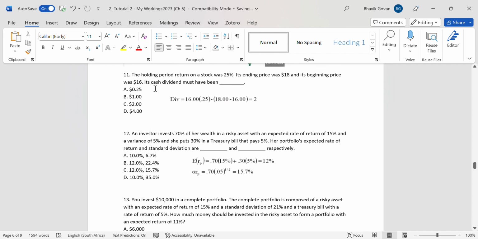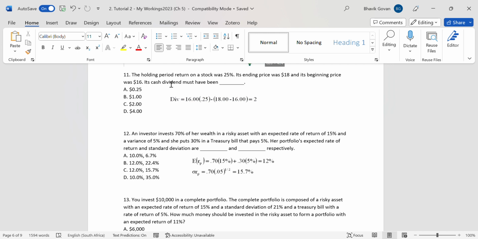so number 11, the holding period return on a stock was 25%. Its ending price was $18 and its beginning price was $16. Its cash dividend must have been what? So basically, you'll take your $16 times 25% because we've got a holding period return there.